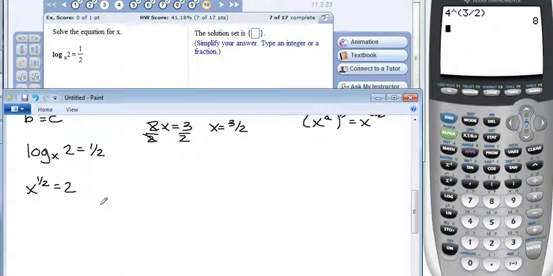Okay? Now how do I get rid of a 1/2 power? Well, let's just take a look. Let's go backwards just a bit in our math knowledge. Let's say that I wanted to get rid of a square. What if I wanted to solve for x squared equals something? Well, I would take the square root because those are opposites, right?